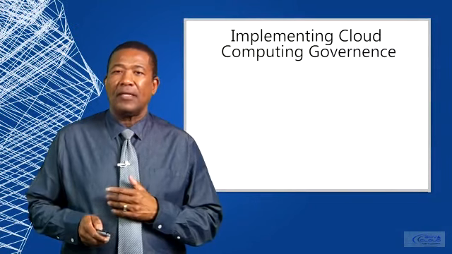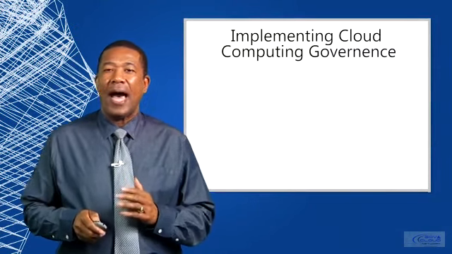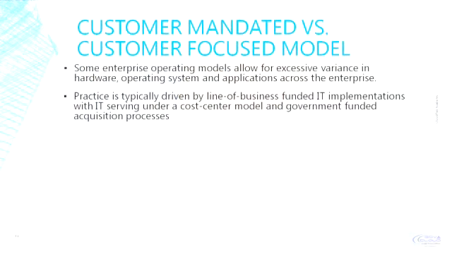Some enterprise operating models allow for excessive variance in hardware, operating systems, and applications across the enterprise. This practice is typically driven by line of business funded IT implementations, with IT serving under a cost center model and government-funded acquisition processes.